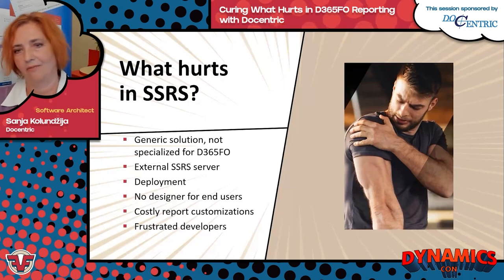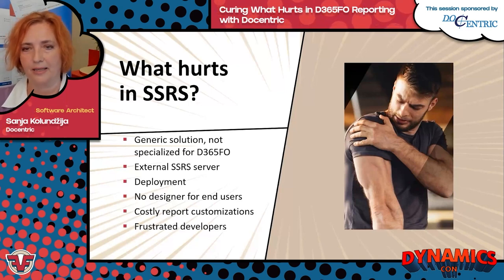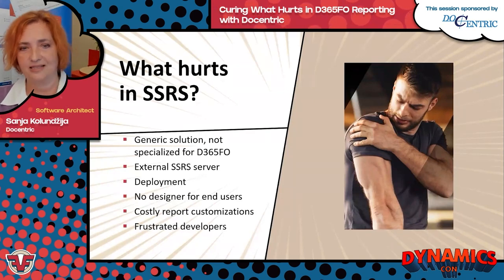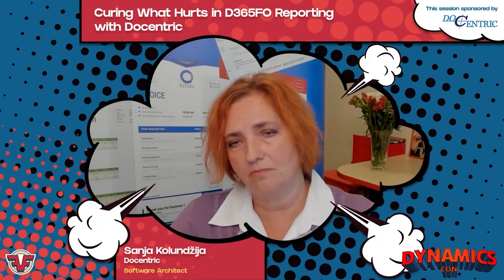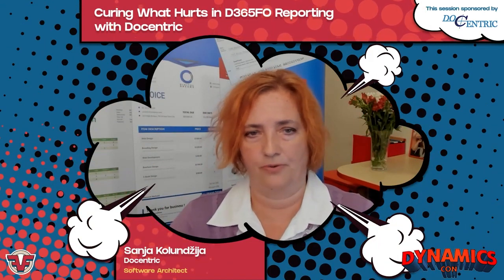I've also been there years ago before joining Docentric, so trust me, I was frustrated, and if you are frustrated as well, I feel your pain. And yes, usually there isn't an explanation of how to get some extra space for that new column, or how much is a little movement of the title, and so on. And that was maybe the core of the problem.